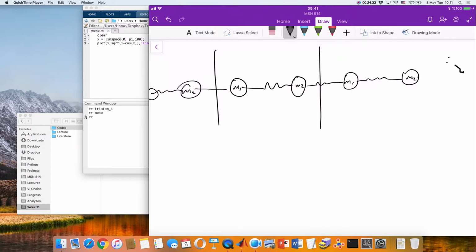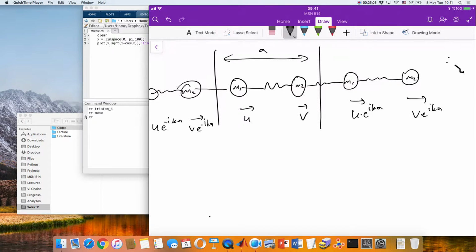So this time you will have some U, some V, U times e to the ikA, V times e to the ikA, V times e to the minus ikA, U times e to the minus ikA. And A is this one. Does it make sense to everyone?